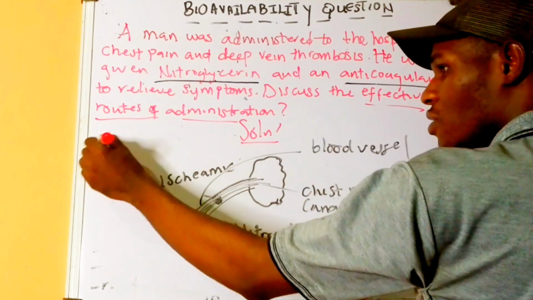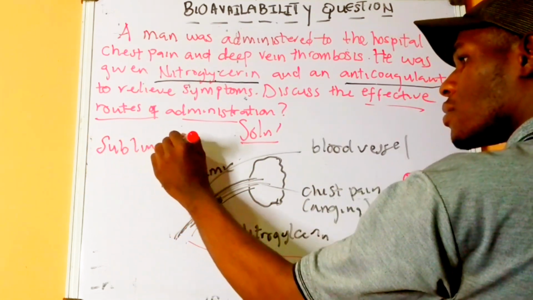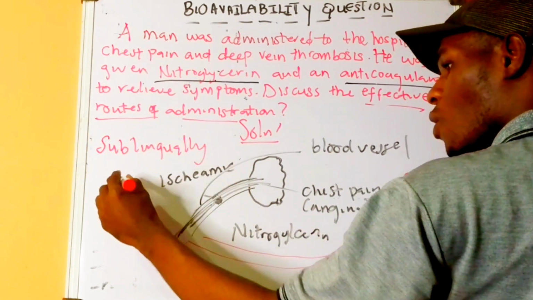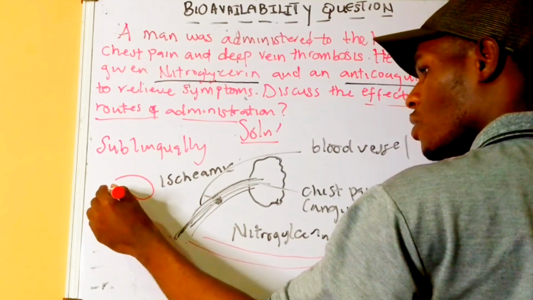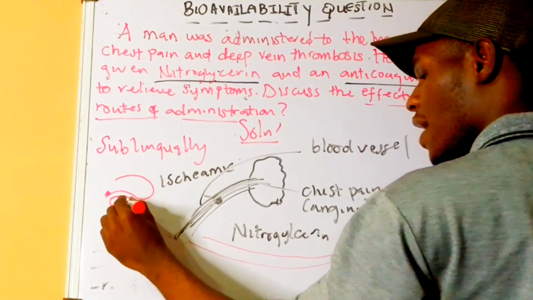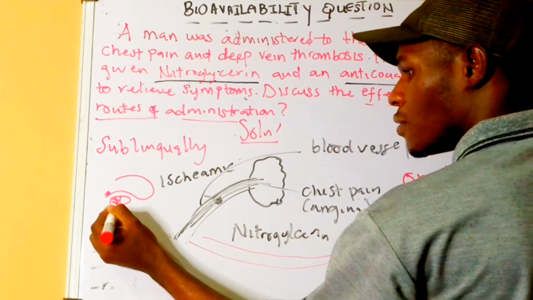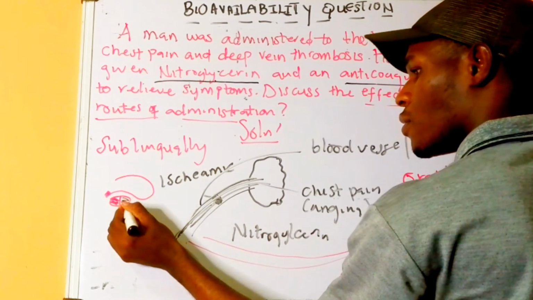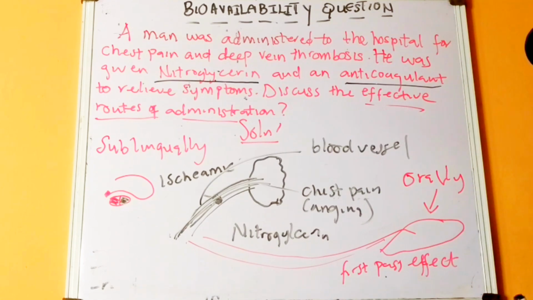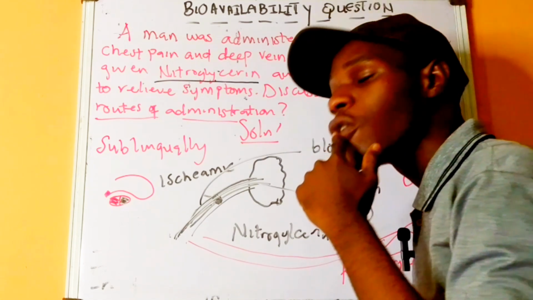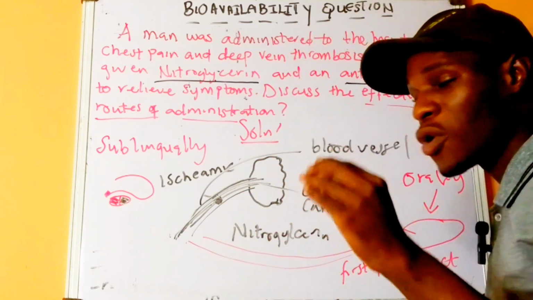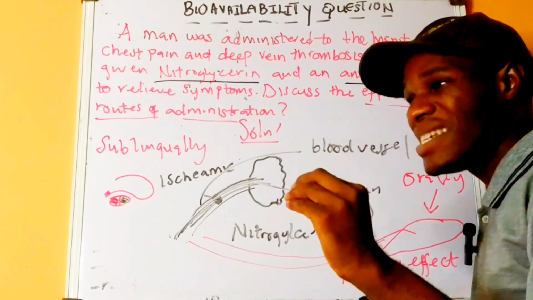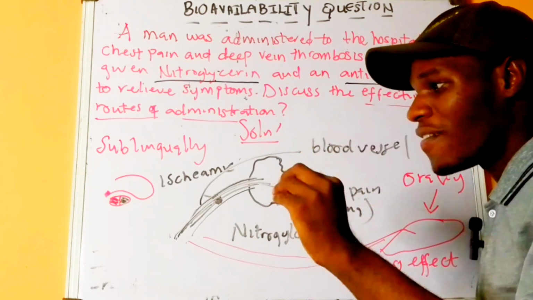It's mostly given sublingually, that is under the tongue. Let's say this is our tongue. You put your drugs here under the tongue. Now we know that if you check the base of your tongue, it is highly supplied by blood vessels, right? That means it is highly vascularized.